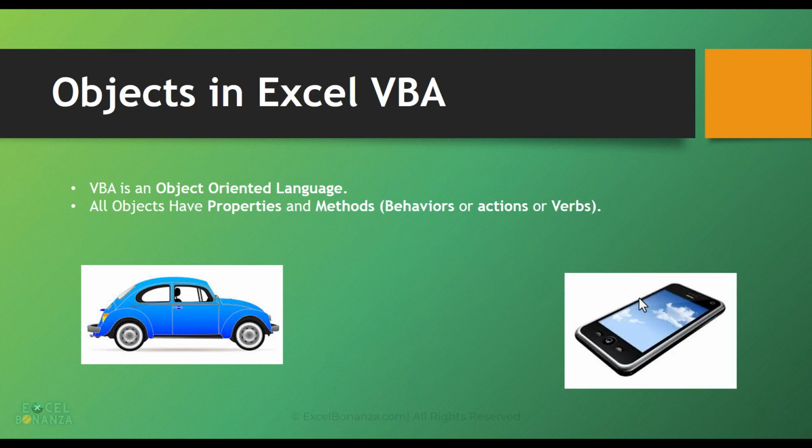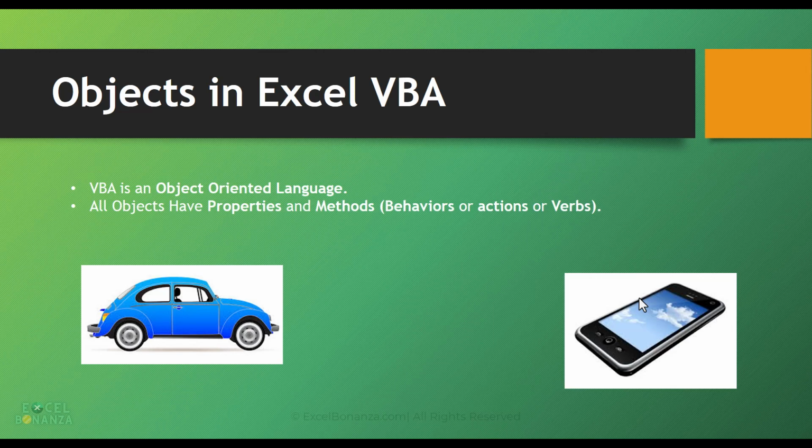If you think about your mobile phone as well, your mobile phone has some properties such as its color, its screen size, and its brand as well. Is it an iPhone? Is it a Samsung? All these are properties for the mobile phone. And it has some methods as well. Part of the methods are the actions that the mobile phone can do. It can call, it can text, it can access the internet.